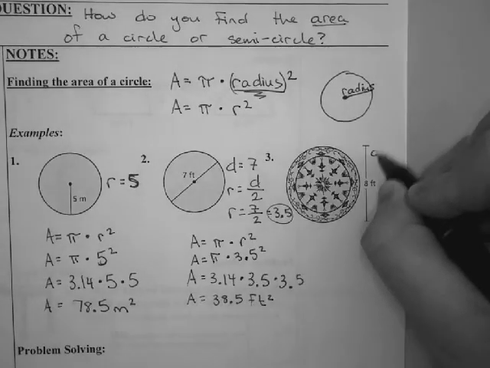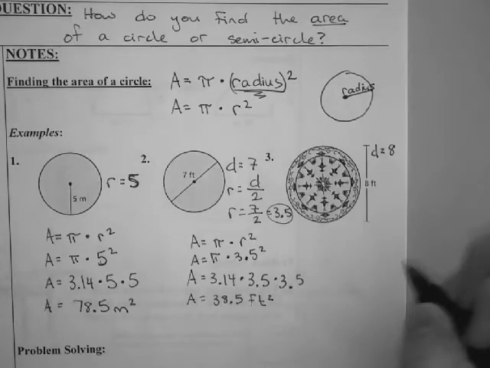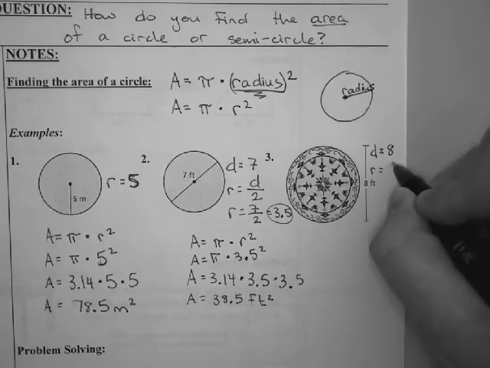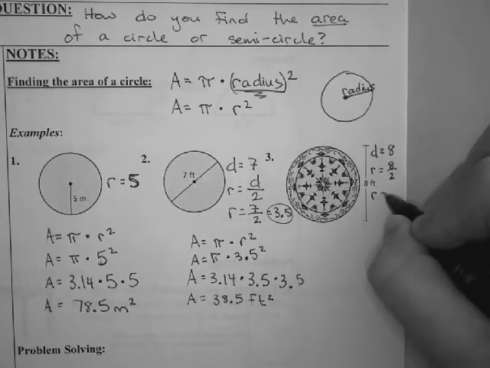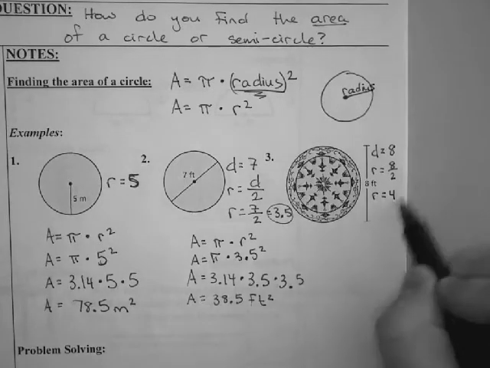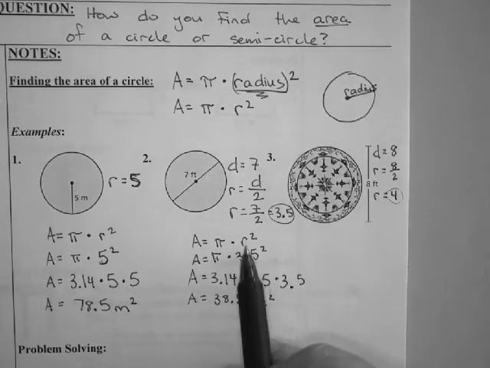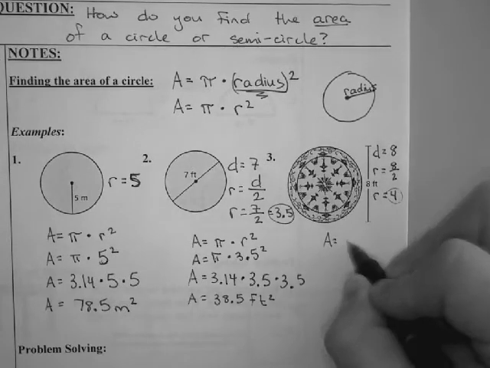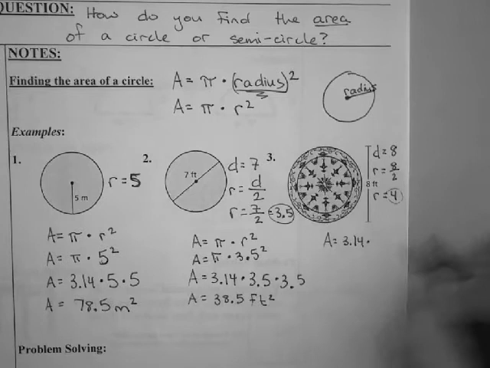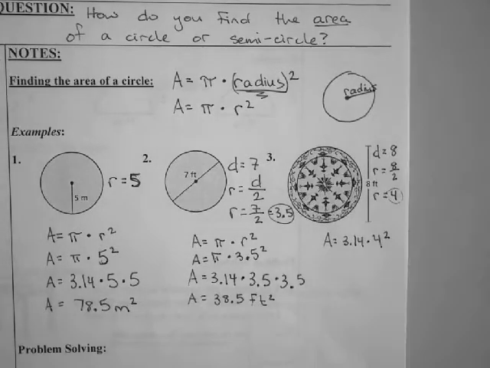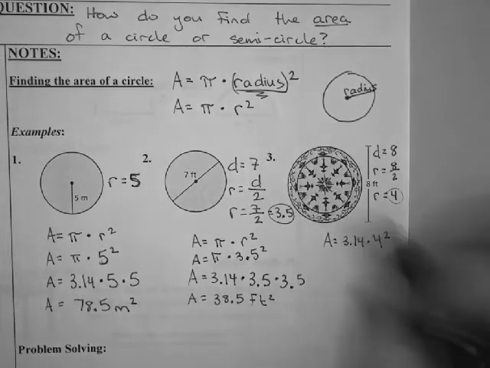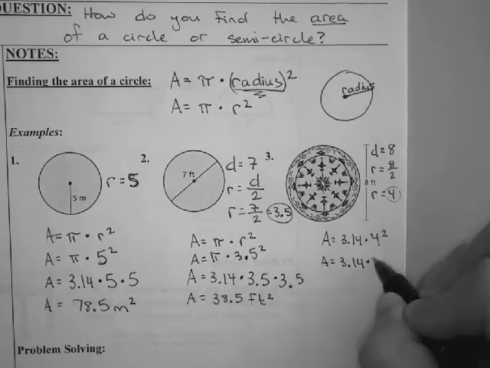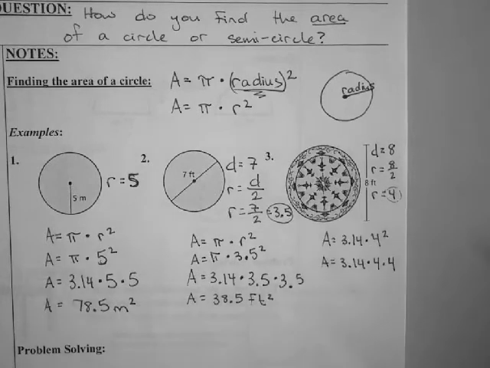Okay, so we know the diameter is 8, and we know radius is equal to half of the diameter, so 8 divided by 2, so our radius is 4. So we're going to be using 4 as our radius when we plug into our equation. So we know that area is equal to 3.14 times 4 to the second power, or 4 squared, which is area is equal to 3.14 times 4 times 4.